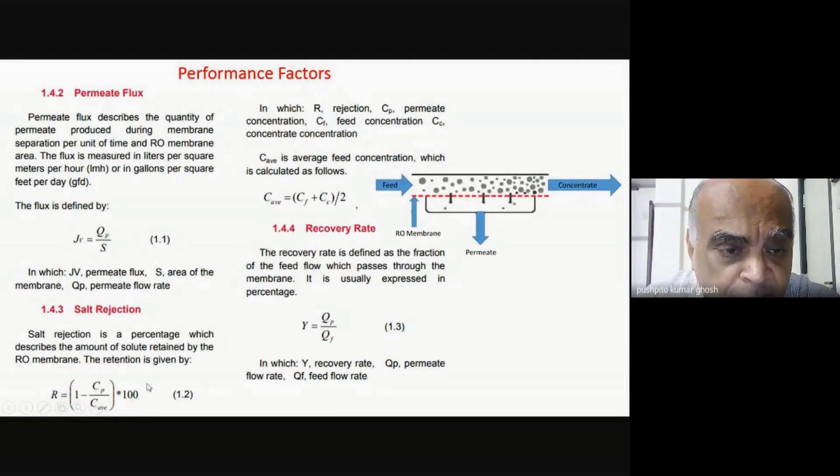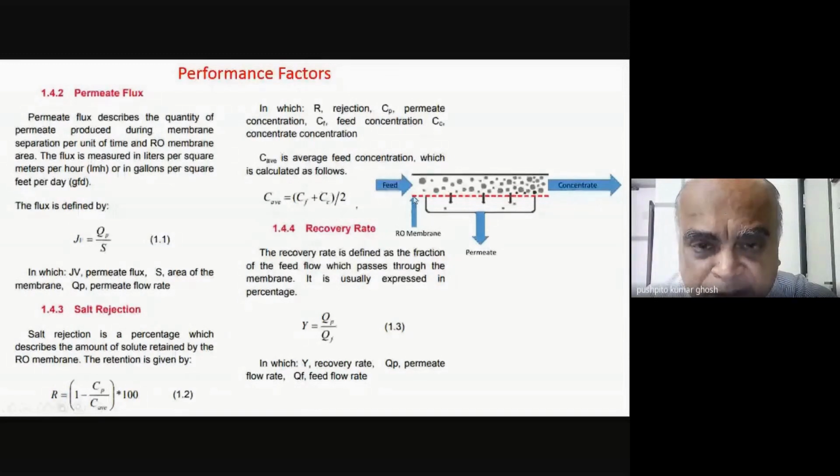So the equation that is used to define salt rejection, R, expressed as a percent, is equal to 1 minus Cp, where Cp is the concentration of my solute in my permeate, divided by C average, where C average is the average concentration in the feed.